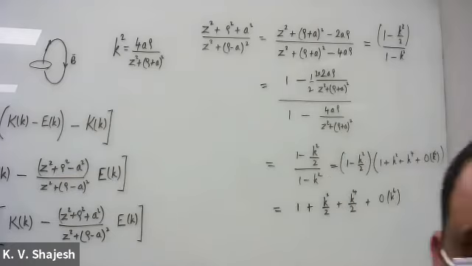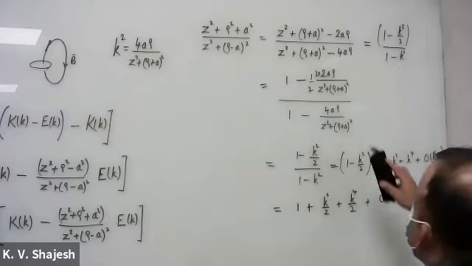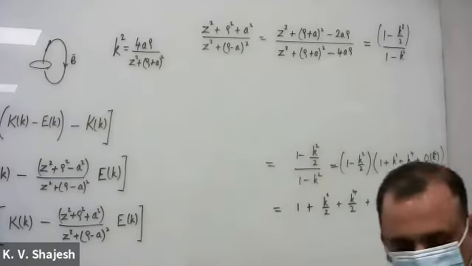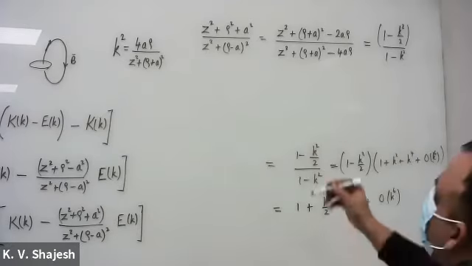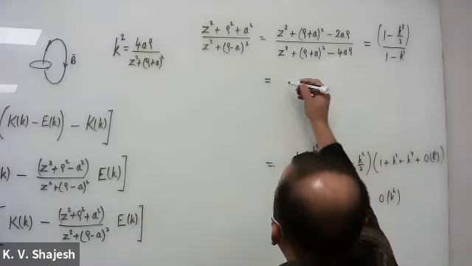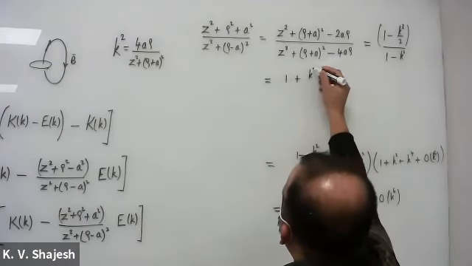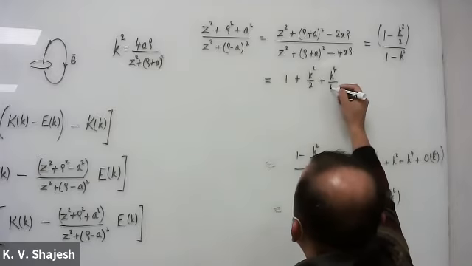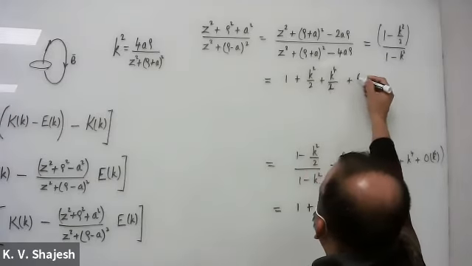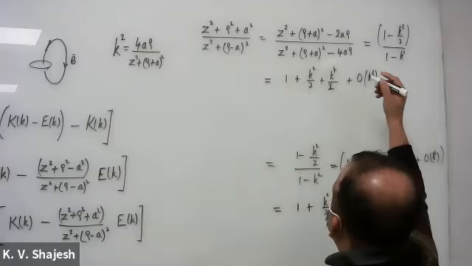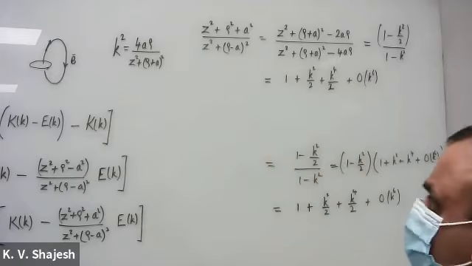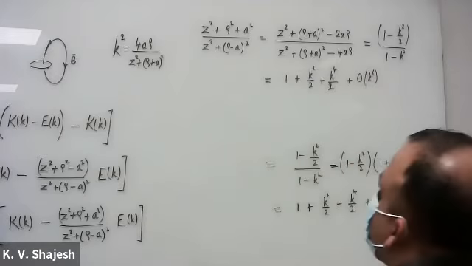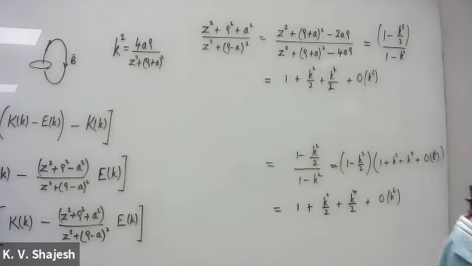That was what we did last time. Let me write that down here so that I get some space. And so this whole expression is equal to 1 plus k square over 2 plus k raised to 4 over 2 plus order k raised to 6. That's what we want to use. Let's now work the same thing.